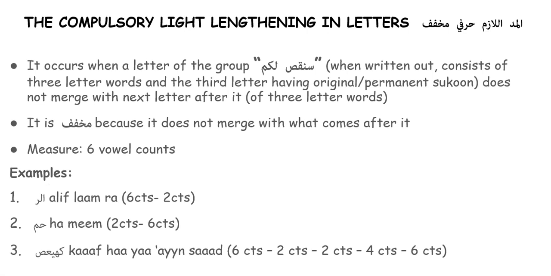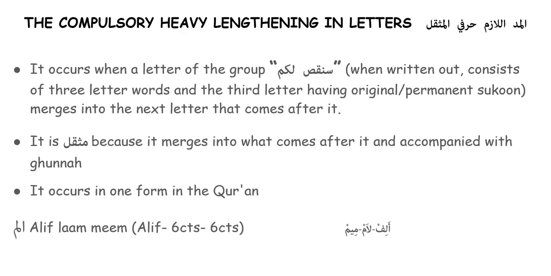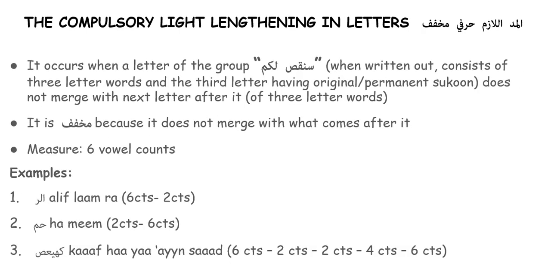Don't forget, we can prolong the ayn for 4 vowel counts or 6 vowel counts, whichever way is correct. So, kaf, ha, ya, ayn. We also prolong the word for 6 vowel counts.